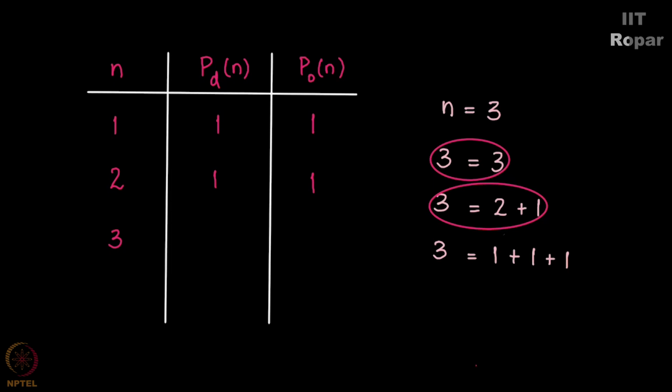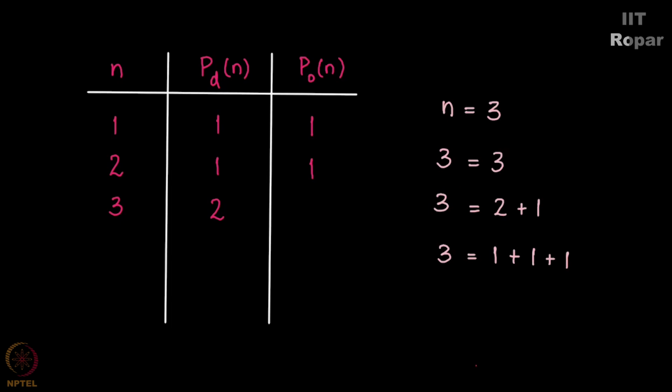Observe these partitions: 3 equals 3 and 3 equals 2 plus 1. Yes, these are the distinct ones. So PD of 3 is 2. And now, what is the odd one? Observe these ones, these are the odd partitions. So they are 2 in number: 3 and 1 plus 1 plus 1.